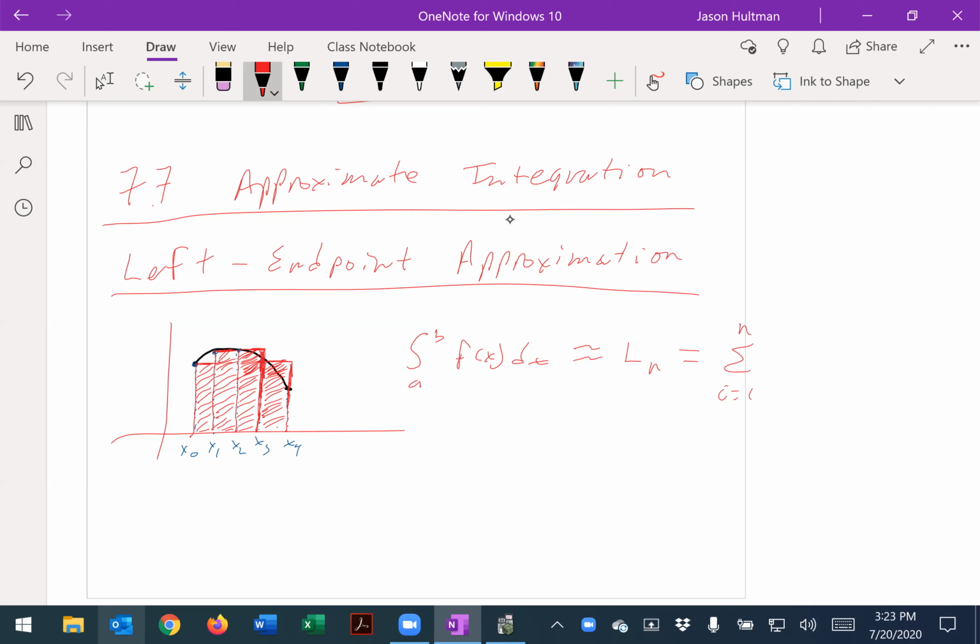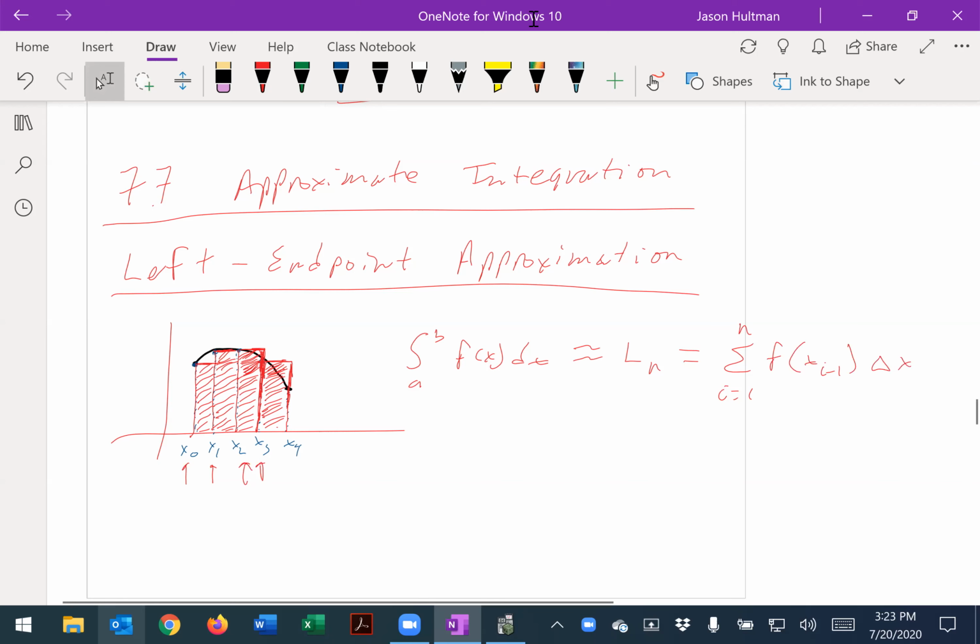We take into account that we're going to start at 0. So we're only using 0, 1, 2, and 3. We don't use 4 for one of our values because they're all on the left. So this is going to be f of x sub i minus 1. That's the height of the rectangles, and delta x is the width of the rectangles.